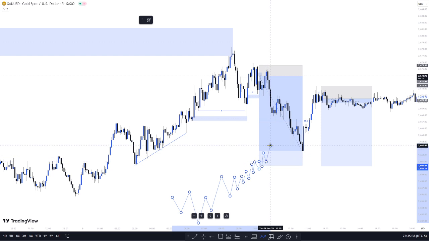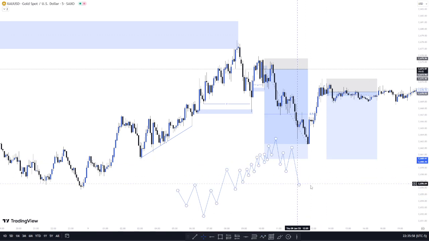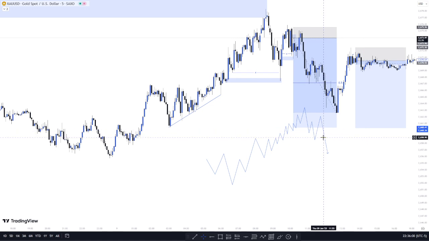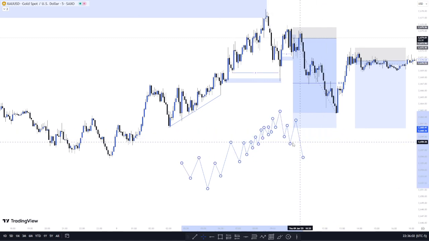And then what do we see? We see the break, came back, tapped some kind of demand right here, came back to see more liquidity, and eventually came down, came more down. So this is basically what the structure looked like today.